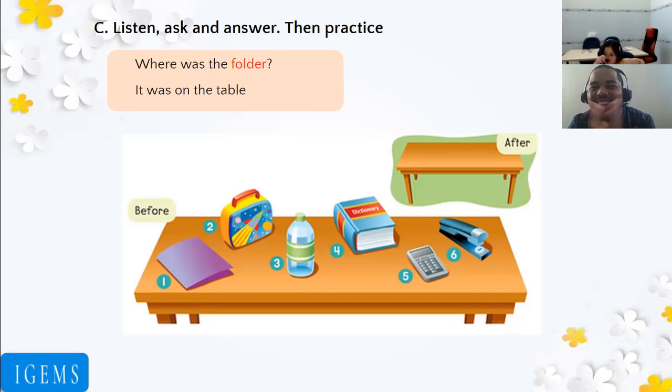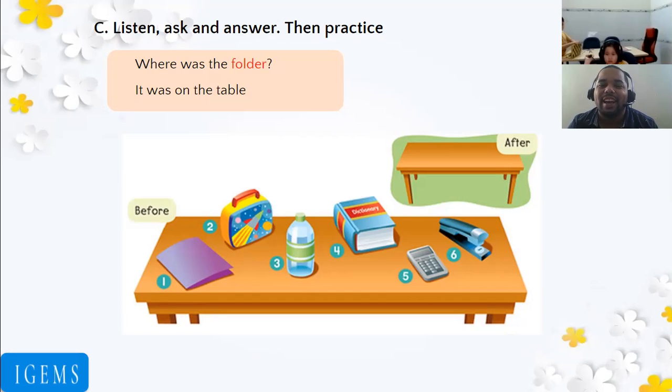Very good. You are so smart. On the table. And let me ask you something. Where is the lunch box? It was on the table. The lunch box is on the table.